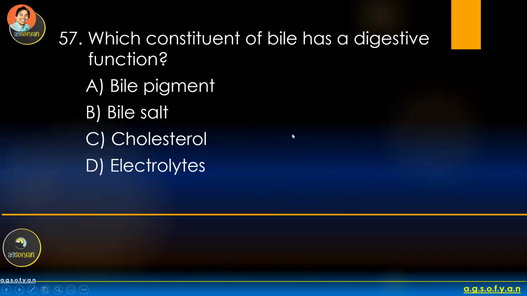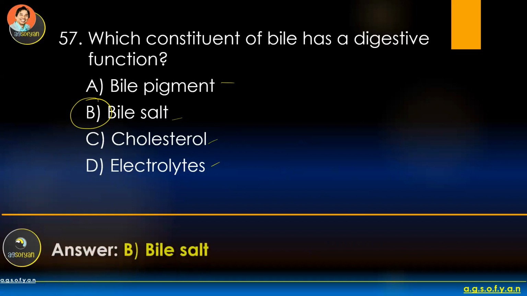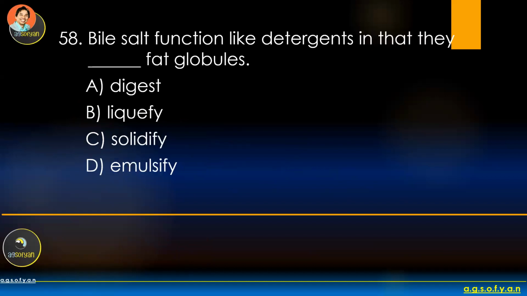Which constituent of bile has a digestive function? Bile pigment, bile salt, cholesterol, or electrolytes? I already mentioned that the bile salt is actually the one that has the function to digest the lipids. Bile salt functions like detergents in that they blank fat globules. A, digest, B, liquefy, C, solidify, D, emulsify.